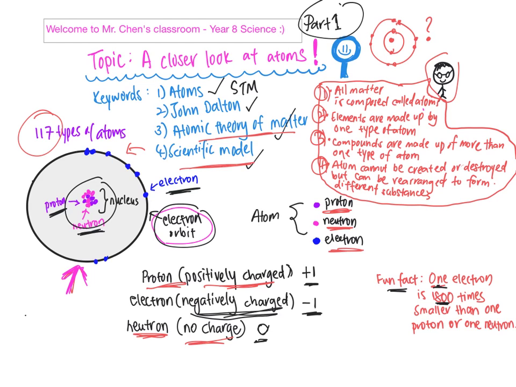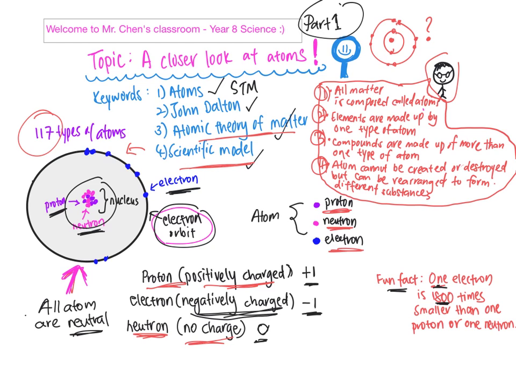So what electrons are doing out here is just circulating around, and it affects how the atoms behave as well. And all atoms are neutral.